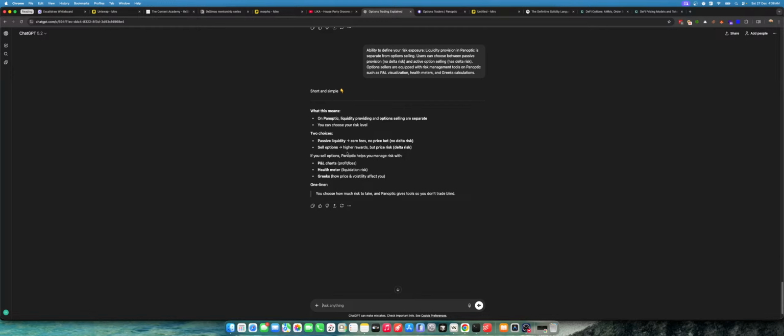Okay, so it provides two options. You can provide liquidity and earn fees, or you can sell options, like calls and puts. Does selling options include both call and put?